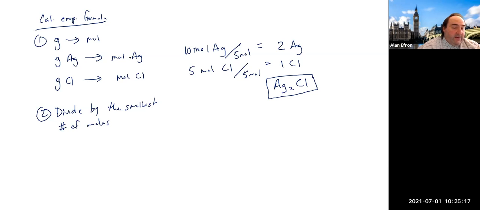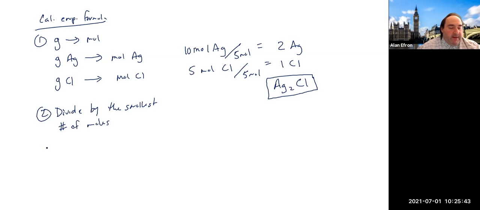So again, you're going to take whichever one of these is the smallest and divide everybody by it. It will turn one of them into a 1 and the other into a number. In most cases, in a textbook problem like we'll talk about on Tuesday, you usually don't round. But for this experiment you can round to the nearest whole number.